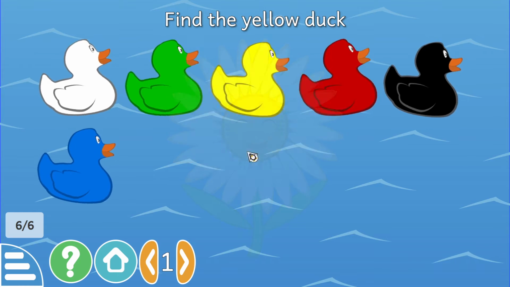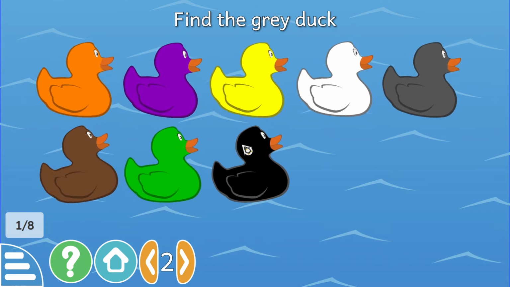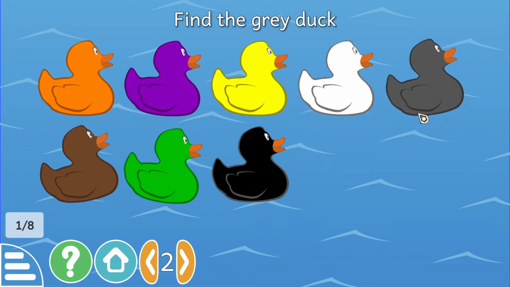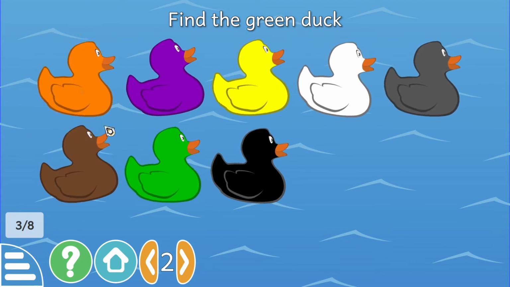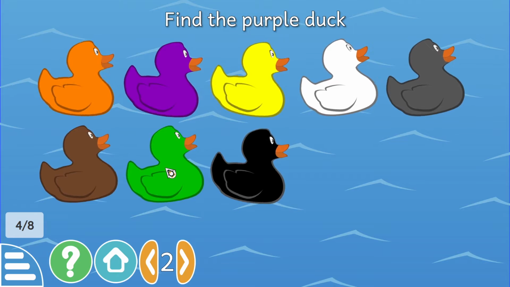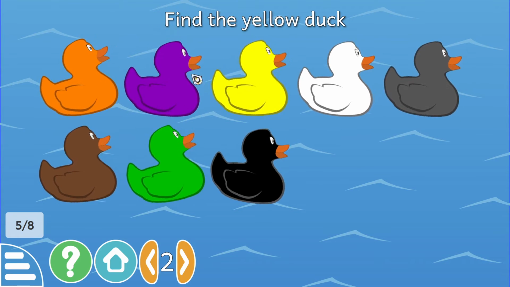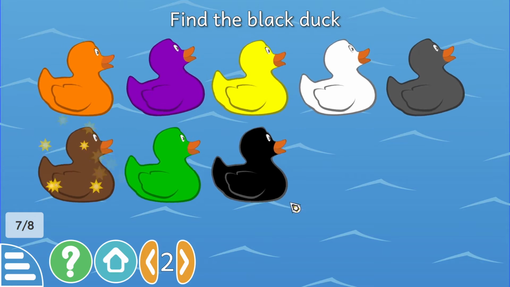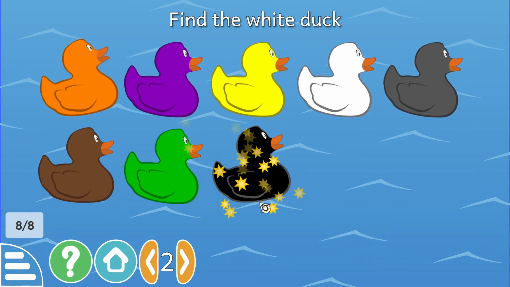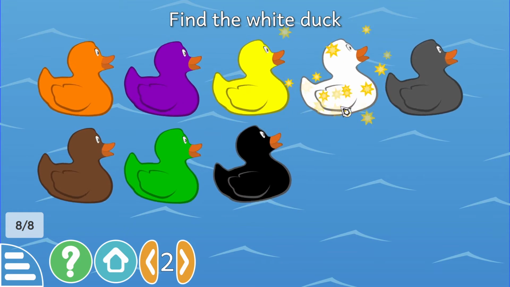So now I've got all 6 of the 6 done. We've completed the segment. It's going to give us some more options. The grey duck, orange duck, green again, purple, so I've got some new colours here, yellow, brown, black, and white.